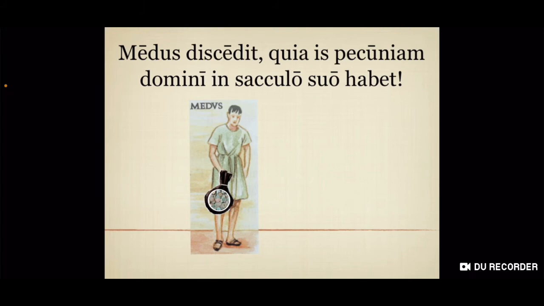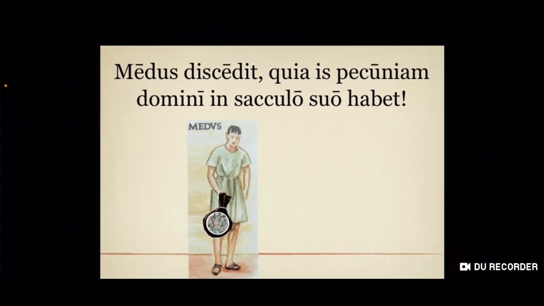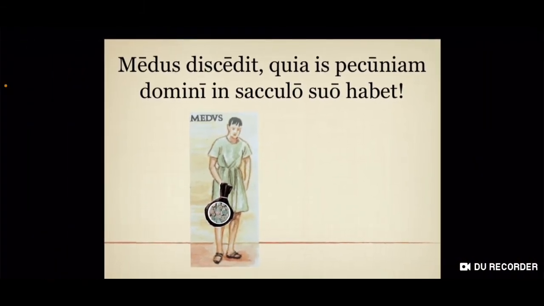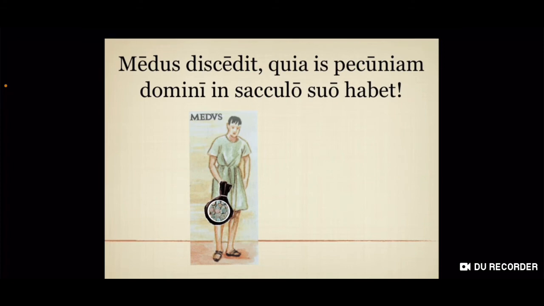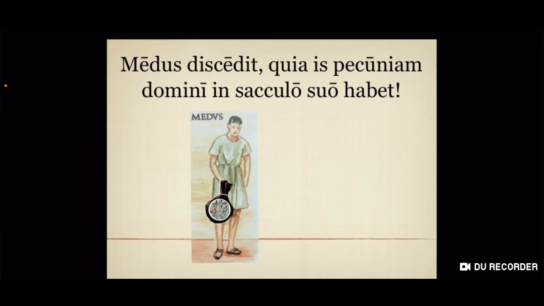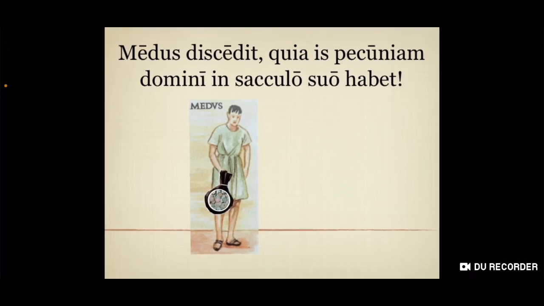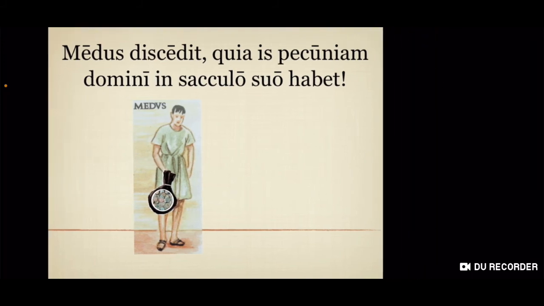So Medus discedit, quia is... that will confuse me for a second. But again, no matter where he puts that word order, you're still going to make this out. Quia is pecuniam domini in saculo suo habet. That's why he leaves, because he's stealing.